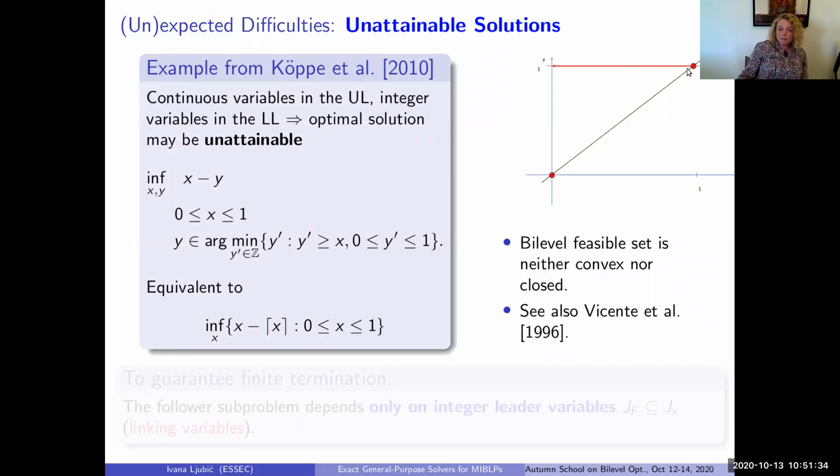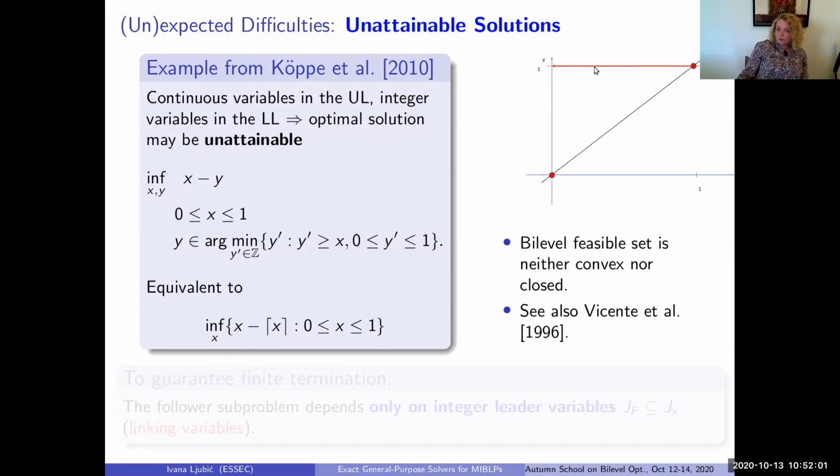And so what happens here is that the red line here is showing you the inducible region for this bilevel optimization problem. Remember, y is greater or equal than x, but y has to be integer. So when x is 0.5, y is 1. Okay? So what we have here is that when x is 0, y is also 0.